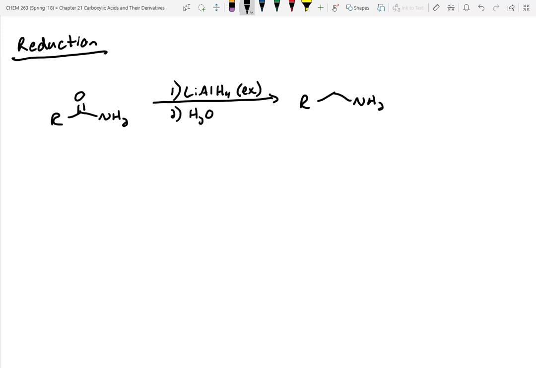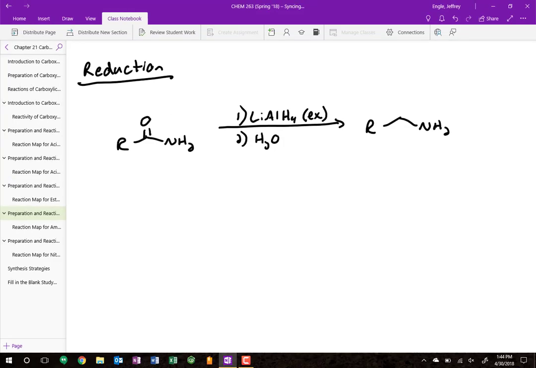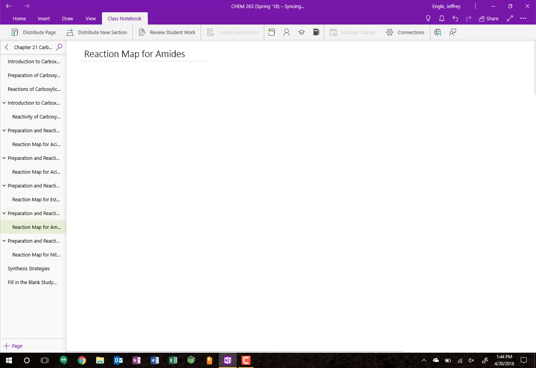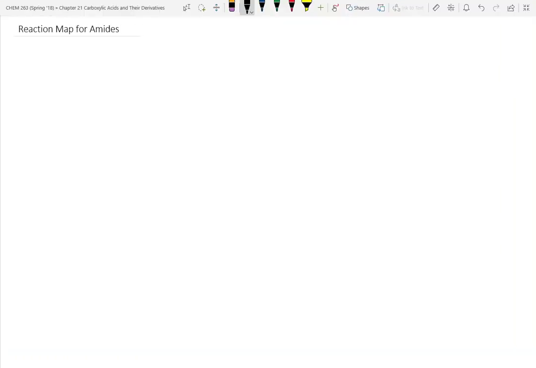So let's make our super short flowchart or reaction map. Like I said, the best way to make amides is from acid halide, so I'll put that on the far left-hand side. We'll put the amide in the middle. Put a carboxylic acid over here.